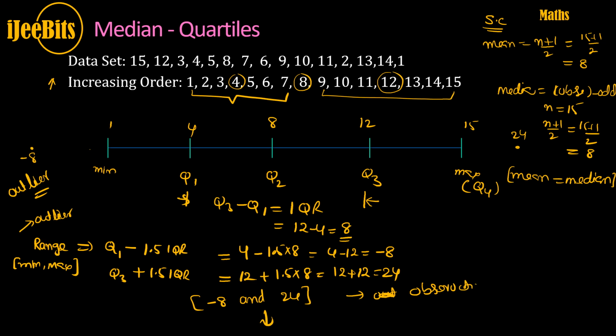Observations outside of this range can be considered as outliers, so they can be taken out from your observation data for further analysis.